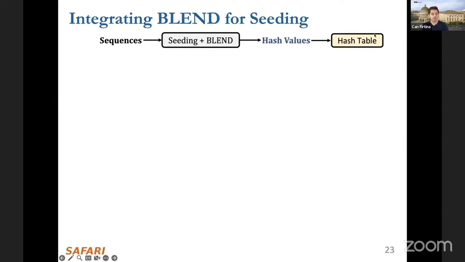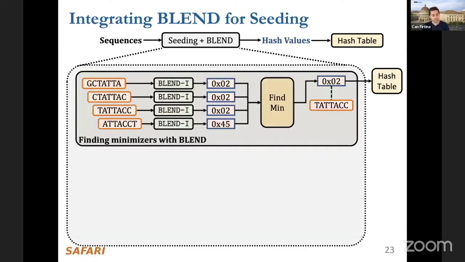Similarly, we can store and query these hash values using the hash tables, as explained earlier. Although this can be integrated with any seeding technique, as a proof of concept we integrate it into the minimizer technique.